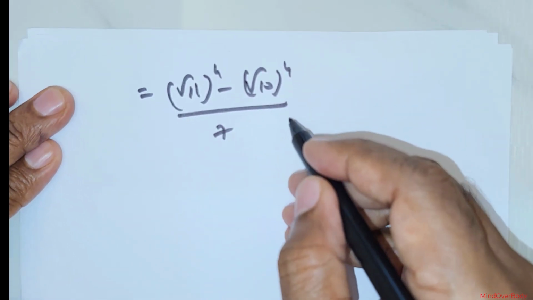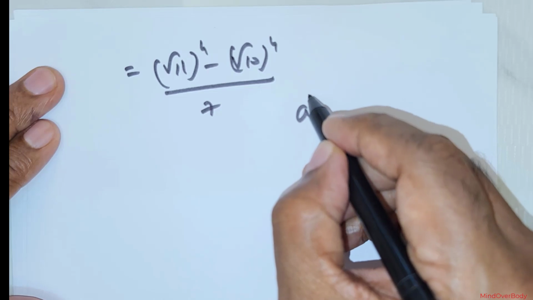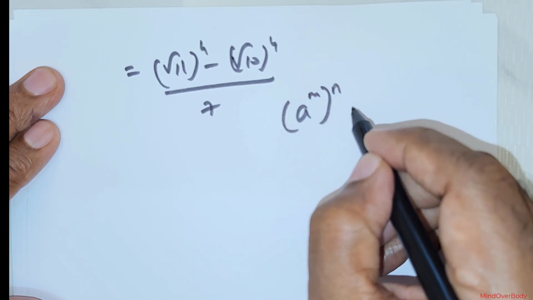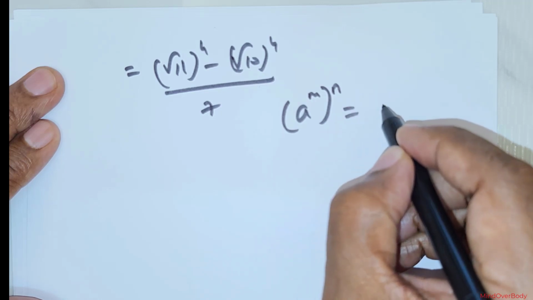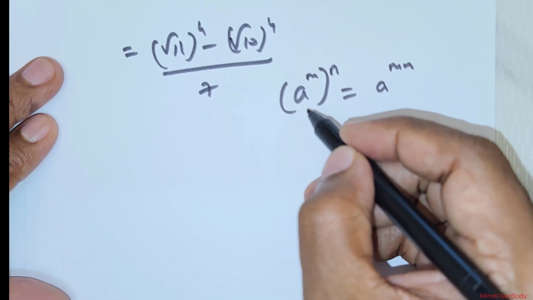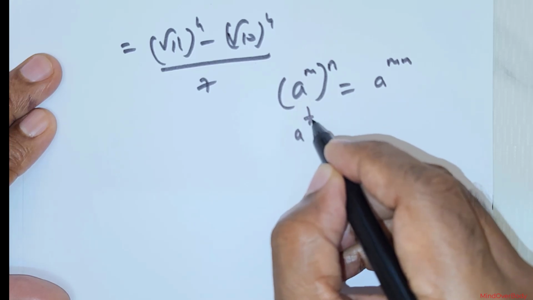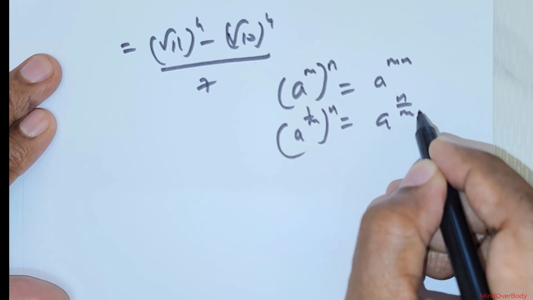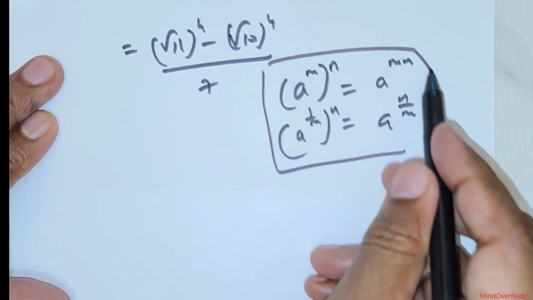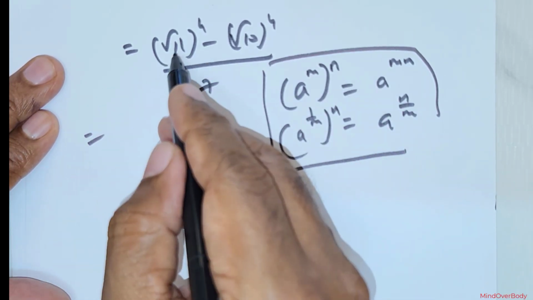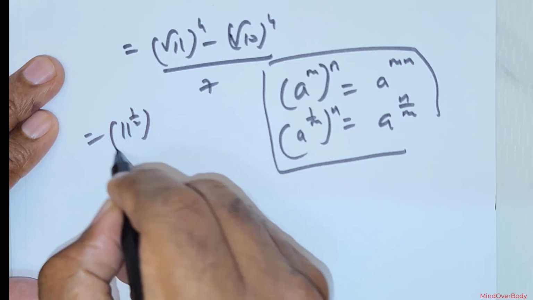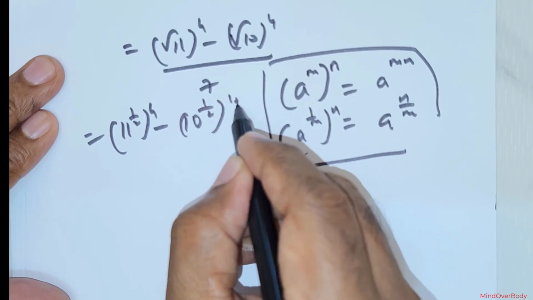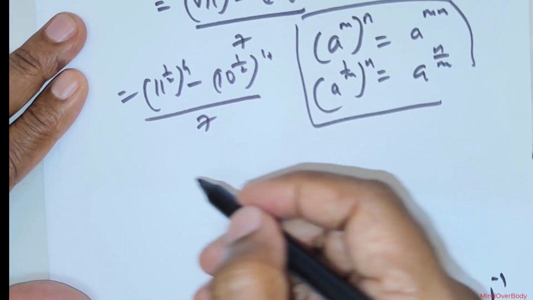Now there is a formula, a raised to the power of m whole raised to the power of n can be rewritten as a raised to the power of m times n. Also a raised to the power of 1 over m raised to the power of n can be rewritten as a raised to the power of n over m. So by this formula I can rewrite this. This is nothing but 11 raised to the power of 1 over 2 raised to the power of 4 negative 10 raised to the power of 1 over 2 raised to the power of 4 divided by 7.